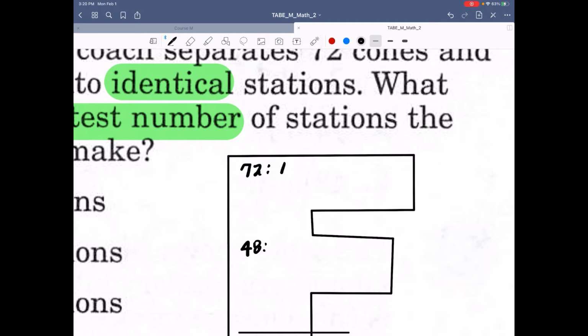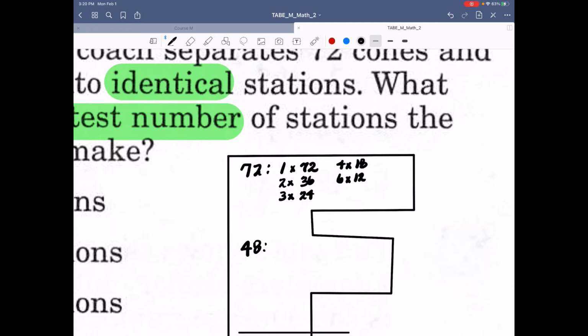I have 1 times 72, 2 times 36, excuse me. 3 will work because it's divisible by 3. 3 times 24. 4 times 18. 5 won't work. 6 will. 6 times 12.